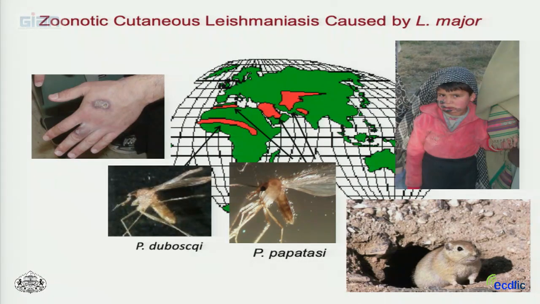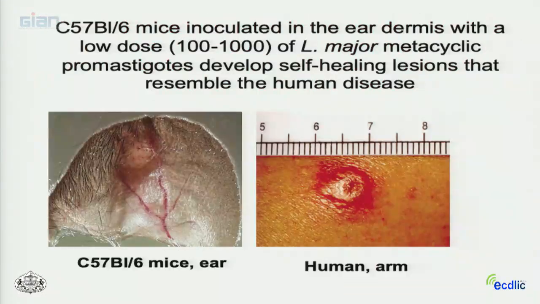So we have these flies in the lab, and in the data I'm going to show you, we're going to look at immune responses in mice that are transmitted by Phlebotomus duboscqi.